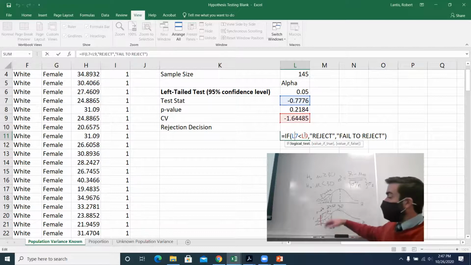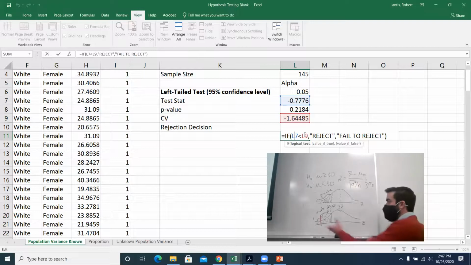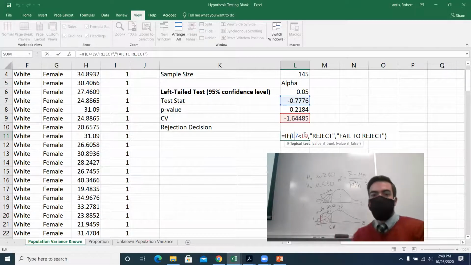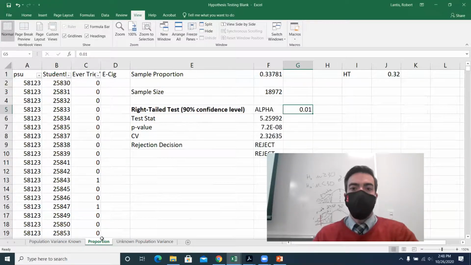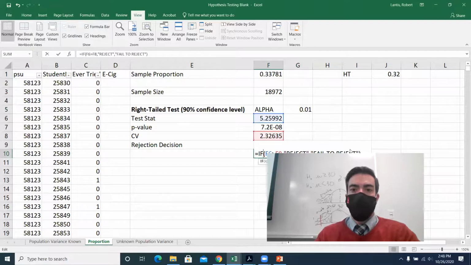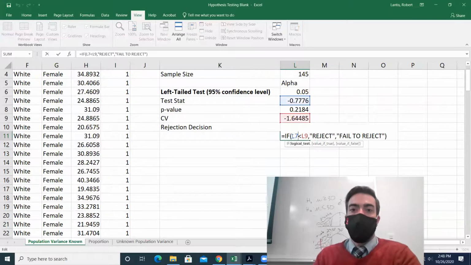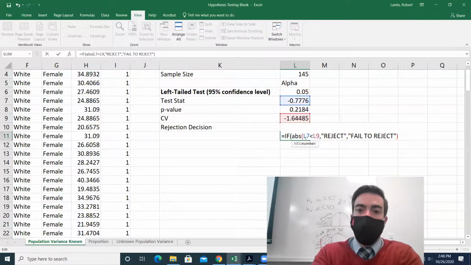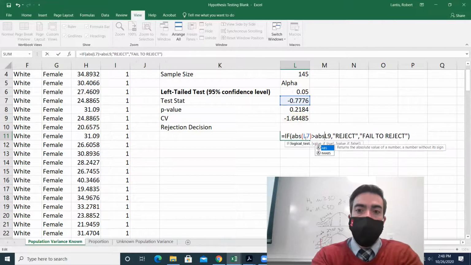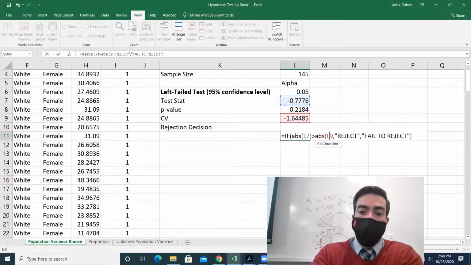If we take the absolute values of these, essentially that becomes the right side of the distribution, and we could write it out just like we did for the right-tailed test: is your test statistic greater than the critical value? So we just say, is the absolute value of our test statistic greater than the absolute value of our critical value?